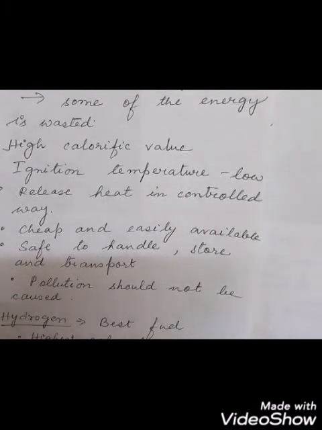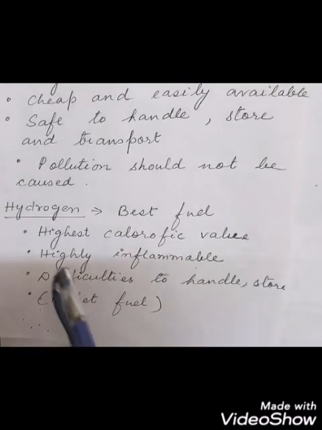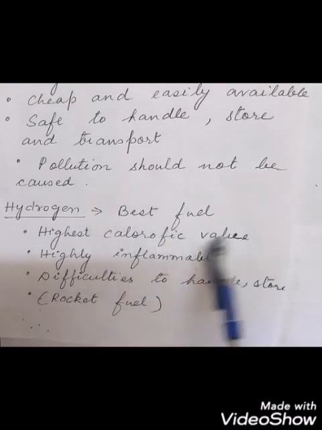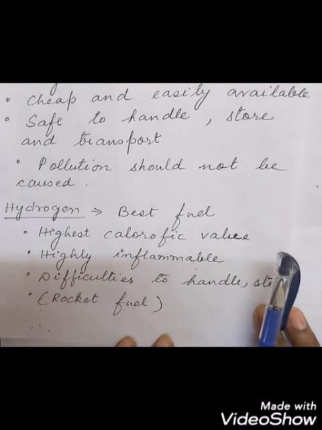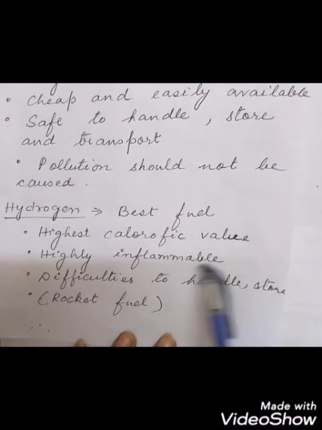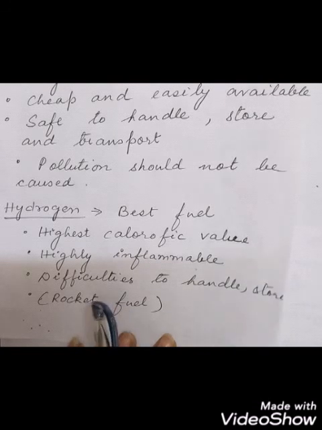Now we will discuss some of the important fuels. Hydrogen can be called the best fuel because of its highest calorific value, which is about 150 kilojoules per gram. This is highly inflammable, which is very dangerous, and it is difficult to handle, store and transport.